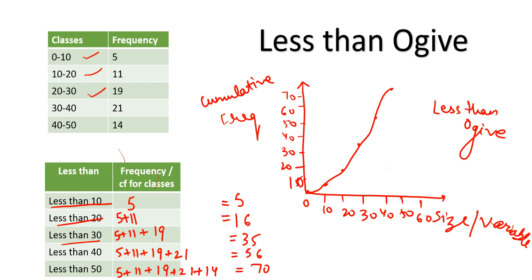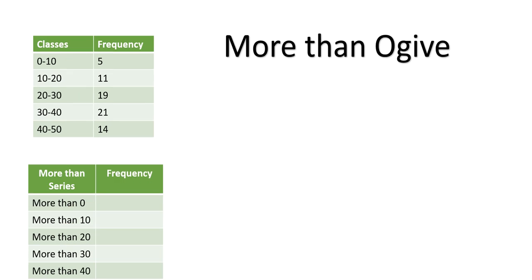Now we'll talk about our next ogive, that is more than ogive. Again, for more than ogive, we'll simply plot everything more than our lower limits. That is, more than 0 means... more than 10 means... first of all, we start from more than 40. More than 40 is simply 14.